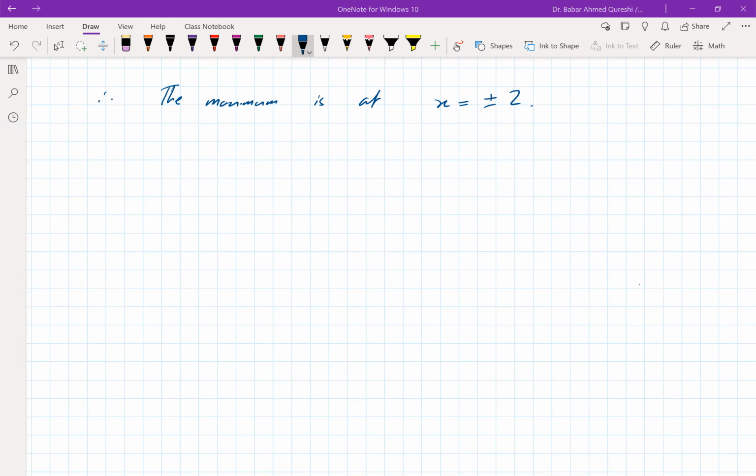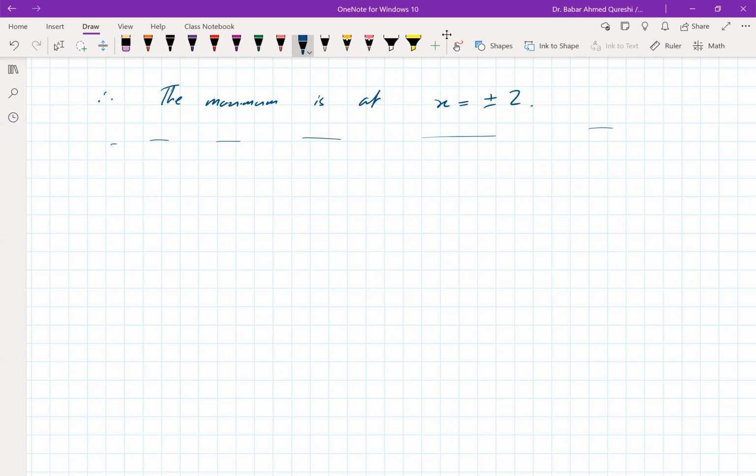So the question is, can you put the values of x in the equation of slope and check the largest slope? Yeah, that's exactly what I was doing. But you can put the critical values. Once you have critical values, then you can check which one is the largest. You're not going to check all the values which can be there.